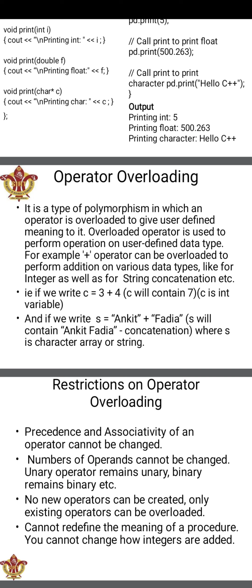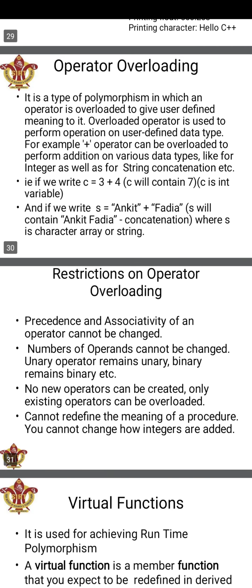Anything can be overloaded by following that procedure. So suppose we have overloaded the plus operator, then it will be able to concatenate strings. If we pass two strings to the plus operator, it will concatenate them, and if we pass numeric values, it will simply add them. This is an example of operator overloading, where we are overloading the plus operator.